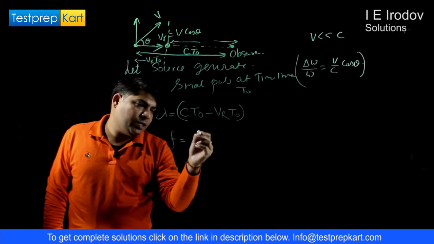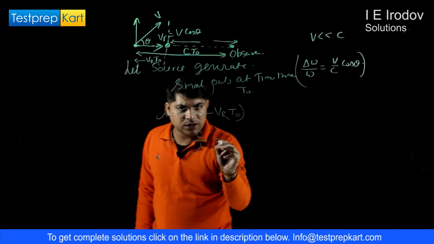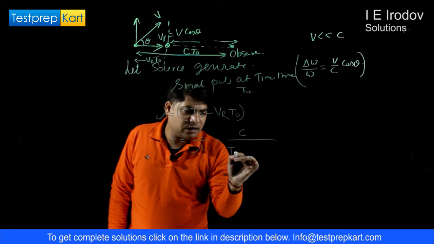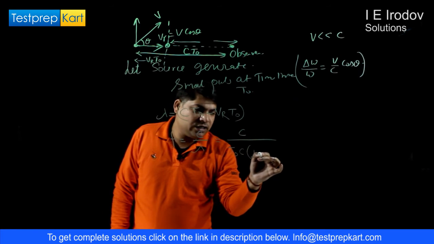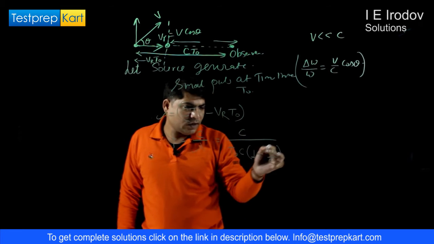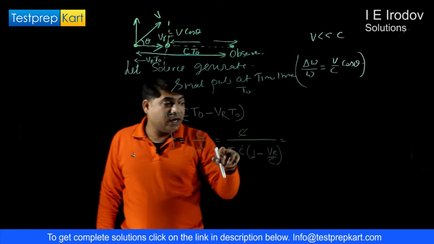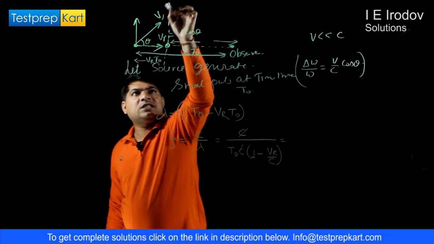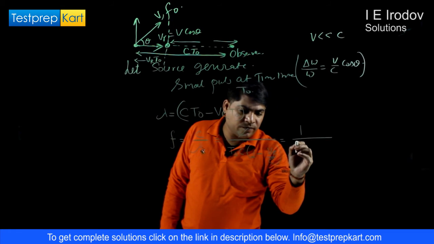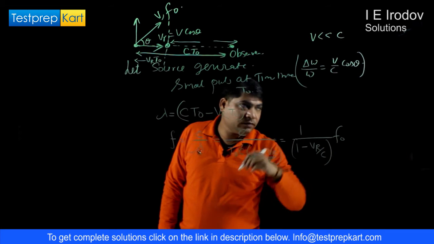Frequency received will be the speed of light divided by the wavelength received by the observer. So this is c divided by t0 times c(1 − Vr/c). c and c get cancelled, and 1/t0 is the frequency generated by the source. Let this generated frequency be f0. So we can write f = f0/(1 − Vr/c).